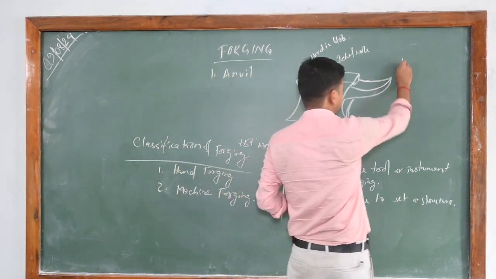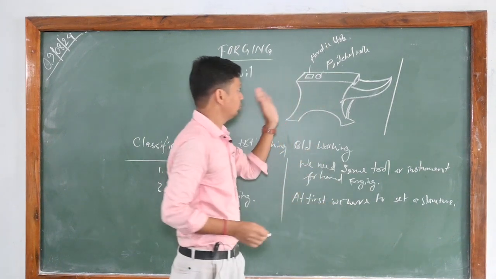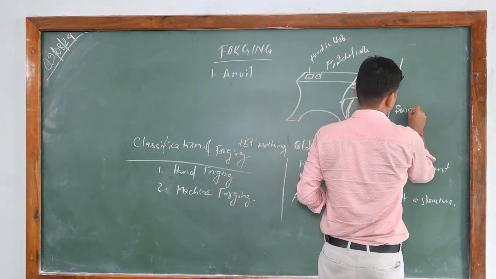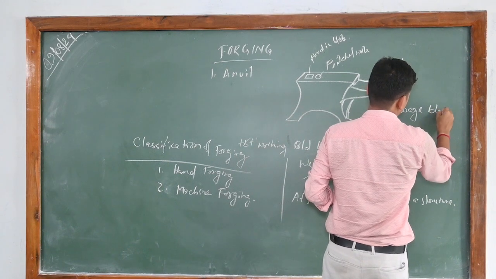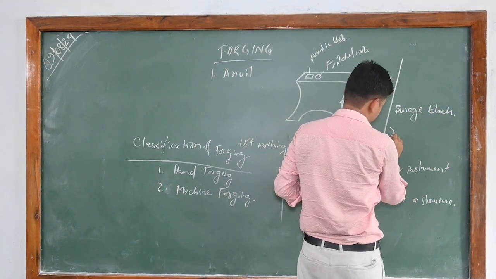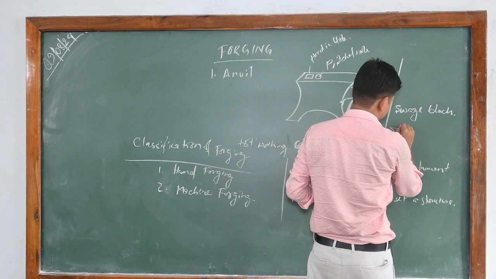After that, if we need to do another shape, then we can use a swage block. Swage block consists of some different structures.